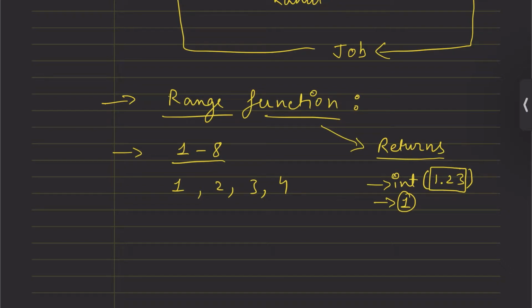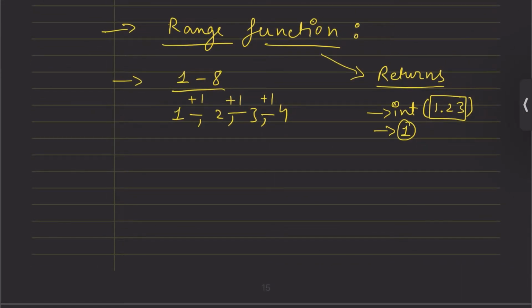So this is a range of 4 numbers. Every consecutive number has a difference of 1, right? So I can say I have one step between all the consecutive numbers. In this way we use the range function.